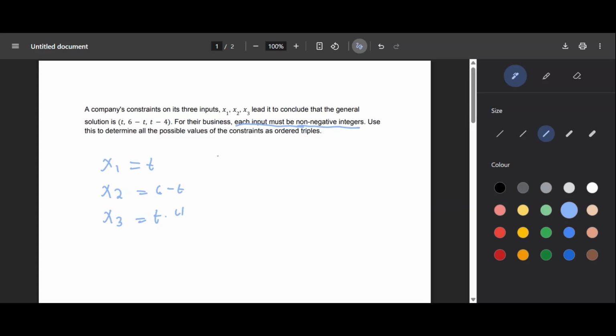So we know that x1 has to be greater than or equal to 0, x2 has to be greater than or equal to 0, and x3 has to be greater than or equal to 0.